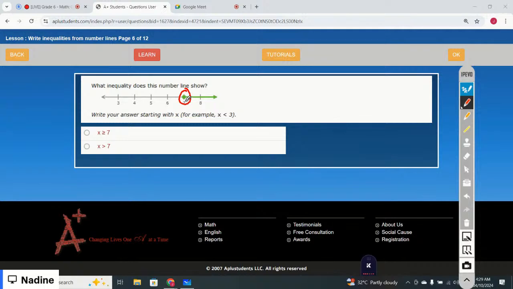That means 7 is the solution and the arrow is pointing on the right hand side. So all the numbers are greater than 7, right? So x is greater than or equal to 7. Option number 1 is the correct option. The correct option is x is greater than or equal to 7.